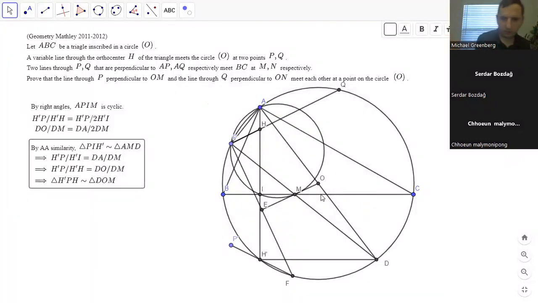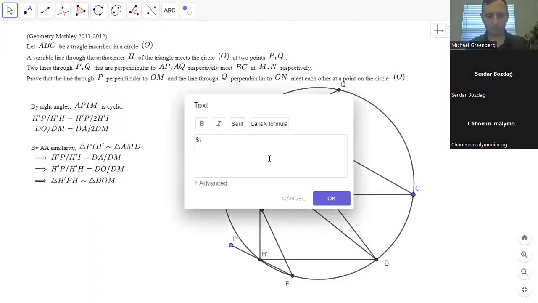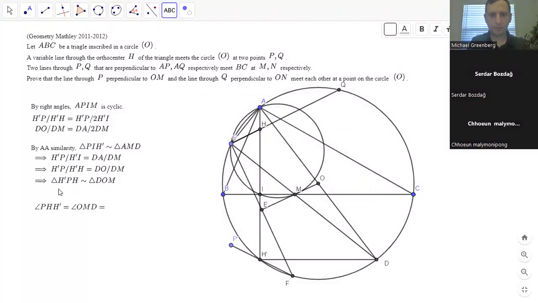Okay. And then it's kind of an angle chase because angle PHH prime is MOD, or sorry, OMD. So PHH prime is OMD, which is PME.